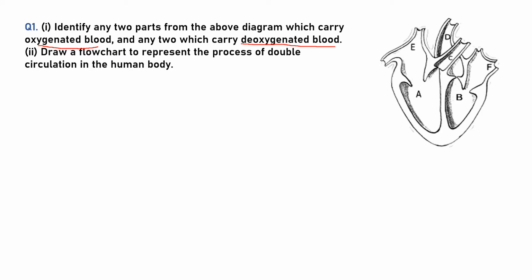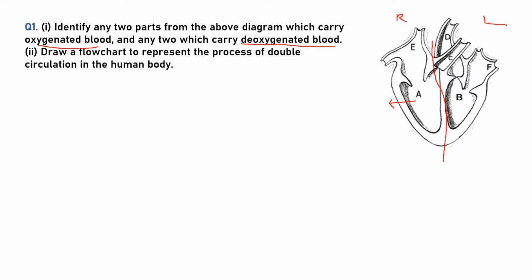First let us see which parts are given here. Now what is A? This is the right part of the heart, this is the left part of the heart. Let's divide the heart into two parts. This is the septum.